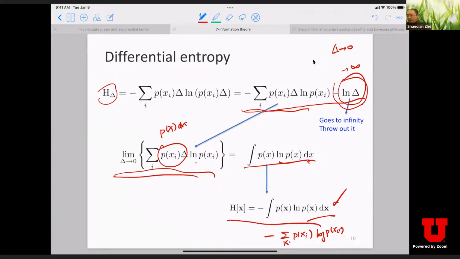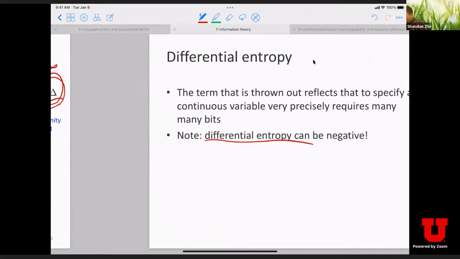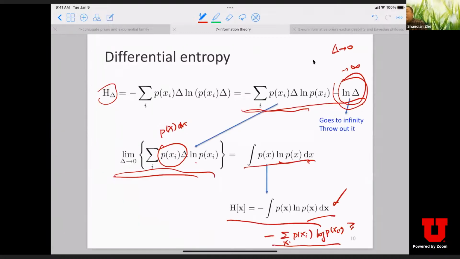Okay. And also be careful, differential entropy can be negative. It's not like the discrete case, where entropy is always non-negative because each P of xi must be between 0 and 1, so it is guaranteed to be non-negative. But here, this is a density, right? The density can be very large, much bigger than 1.